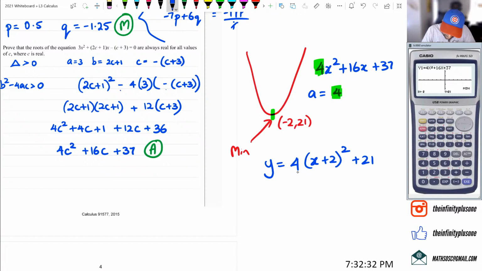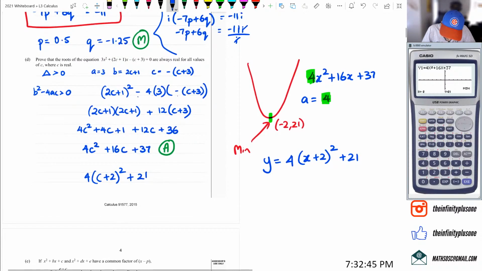But anyway, going back to this question, we can now rewrite this as 4 times (c plus 2) squared plus 21. Now, the important thing to notice is that we said the discriminant has to be bigger than 0. And if you look at this, we've got c plus 2 squared.